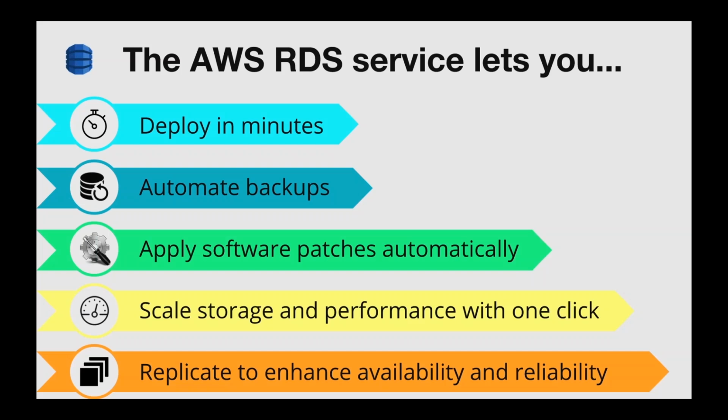They worry about all of the infrastructure, and these are hard problems they're solving: automating backups, applying software patches, scaling storage, and scaling compute as well. Yeah. You can change the size up or down. You can replicate across multiple regions, and these are all the key features that enable you to leverage the infrastructure they've provided.